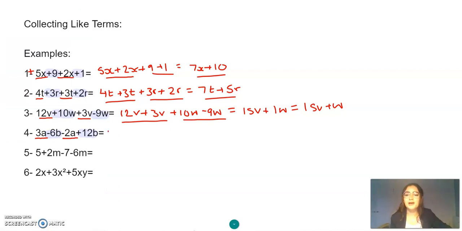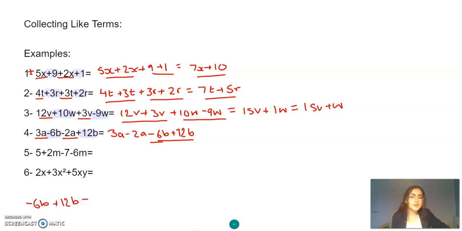So we have 3a minus 2a, and we have negative 6b and a positive 12b. So let's look at this little segment here. Oh, I should have included the negative. So negative 6b plus 12b.